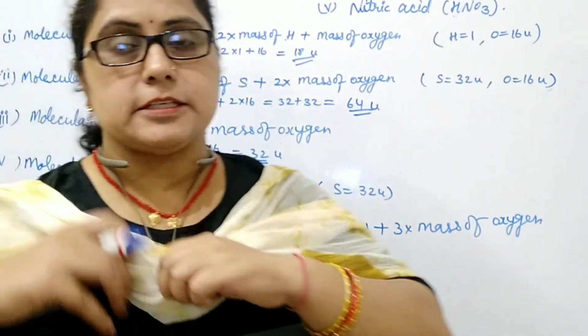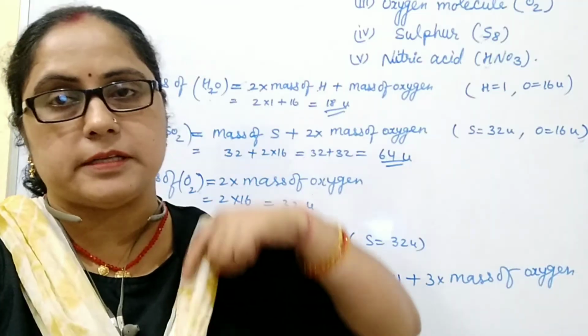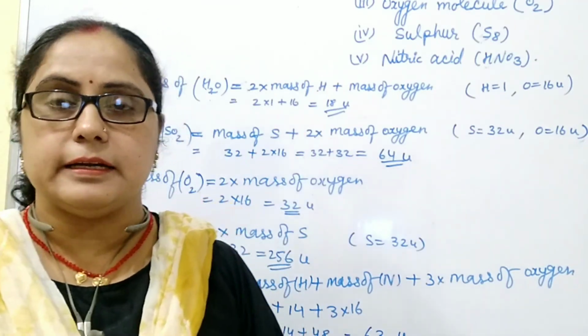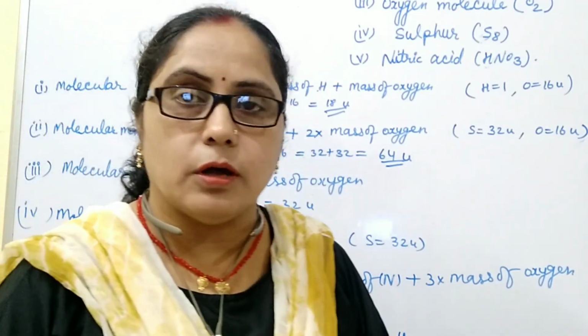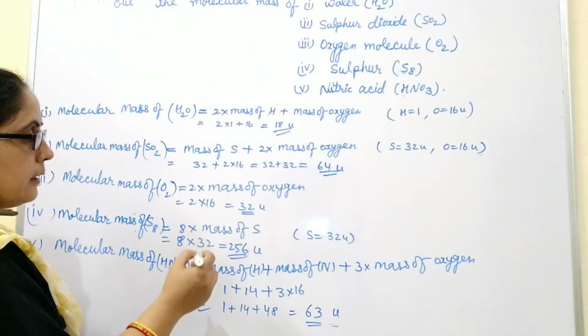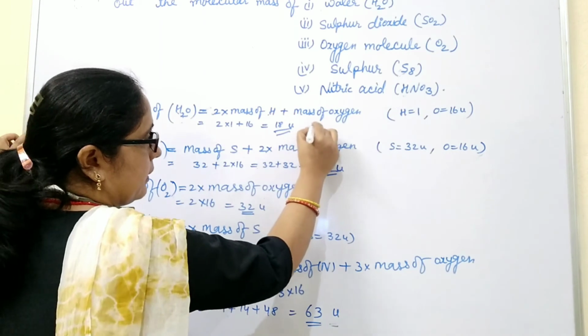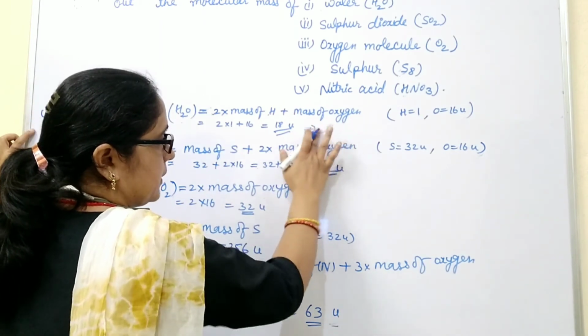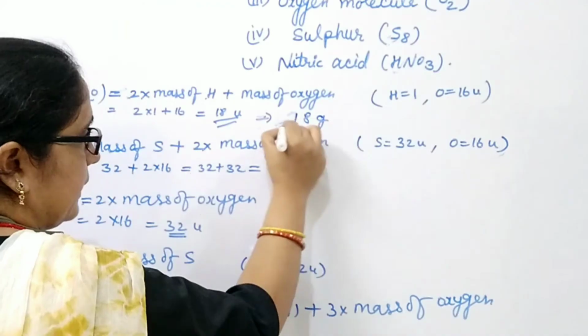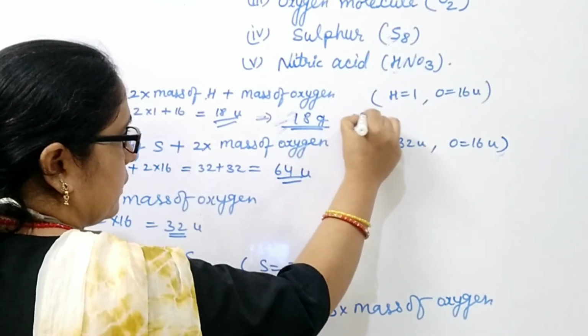When the molecular mass is expressed in grams, it is named gram molecular mass. It means that when we express the mass of water in grams, as 18 grams, it is called its gram molecular mass.